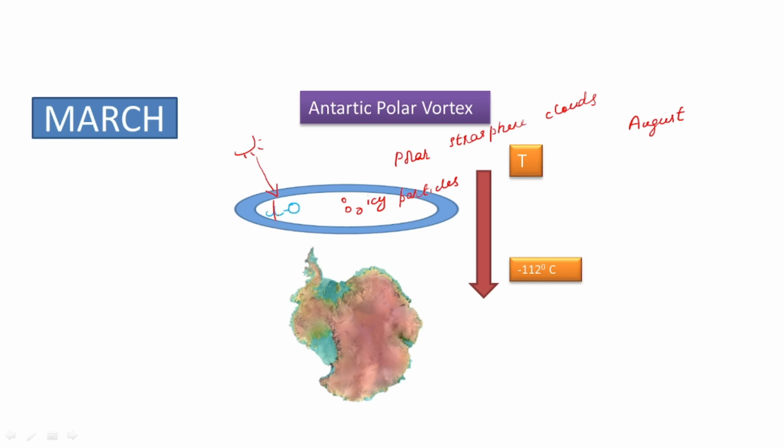It cleaves the chlorine molecules into chlorine atoms, and these free chlorine atoms then start to interact with the ozone molecules present here and create the ozone hole in this area in the polar region, that means in the Antarctic. That way the ozone hole starts to form in this region, and this process continues till early October.